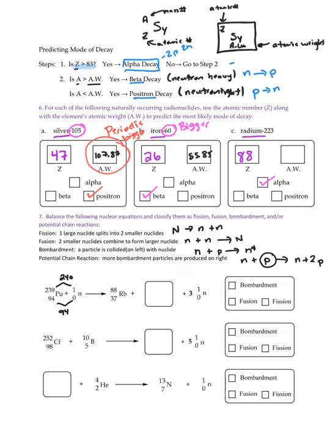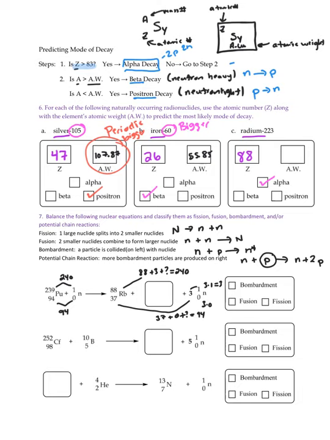But on the right-hand side, I've got 88 plus 3 times 1, which is equal to 3. So I have 88 plus 3 plus whatever I'm missing should add up to 240. On the bottom, I've got 37 plus 0, because 3 times 0 is 0, plus whatever I'm missing should add up to 94.